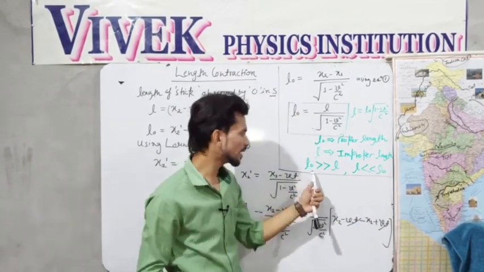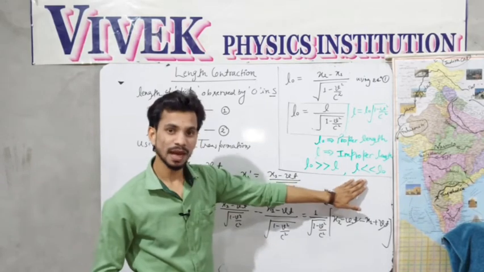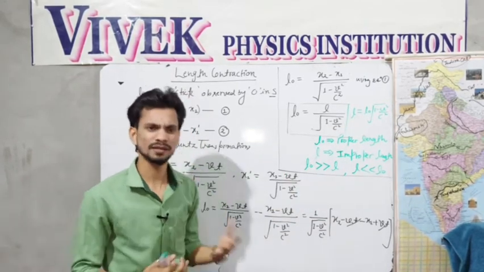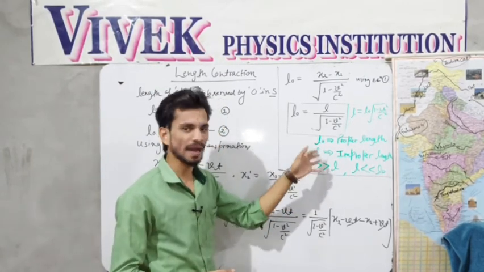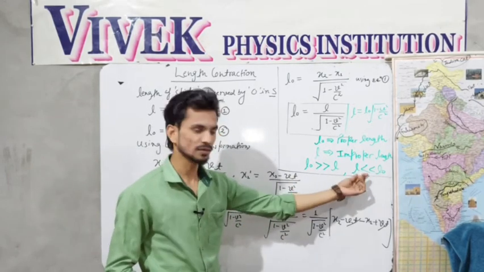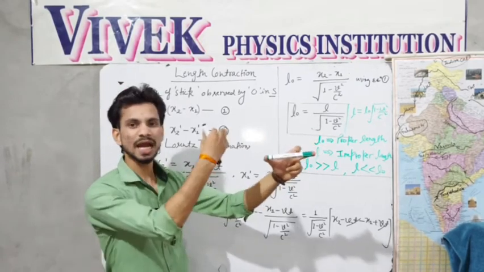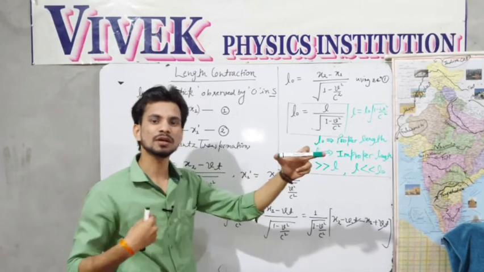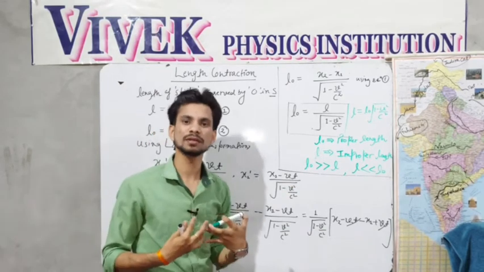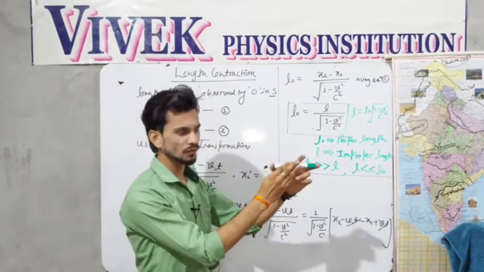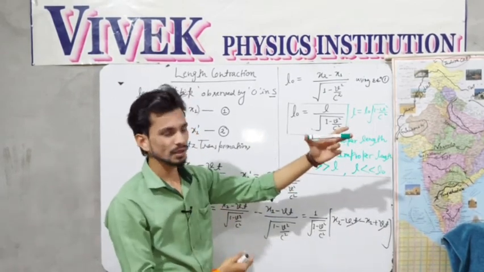In the same way, L naught is greater than L. It simply means that when we look at the proper length of any stick or any object from a rest frame of reference, it appears contracted, as less. If this marker is placed in a frame of reference moving with velocity v in comparison to some rest frame, and I am observing its length while I am at rest, then its length will appear contracted.